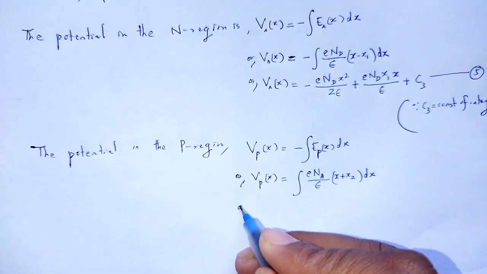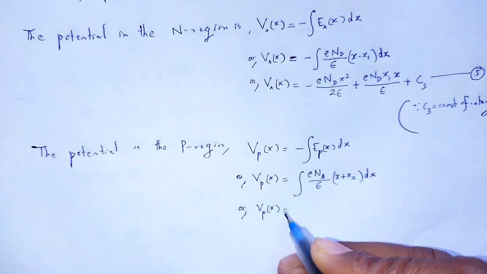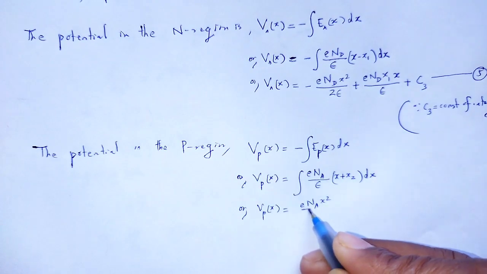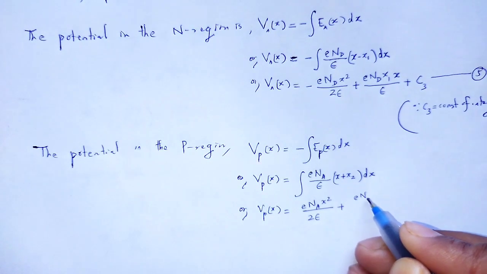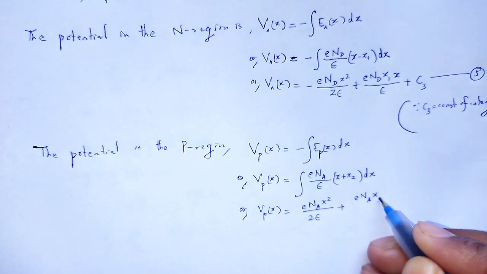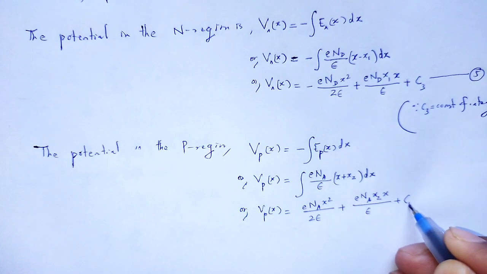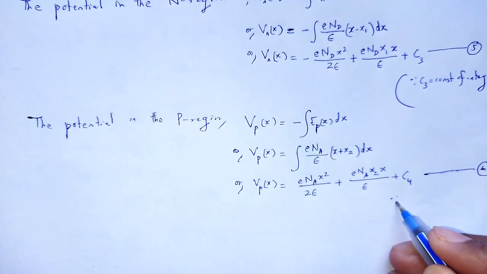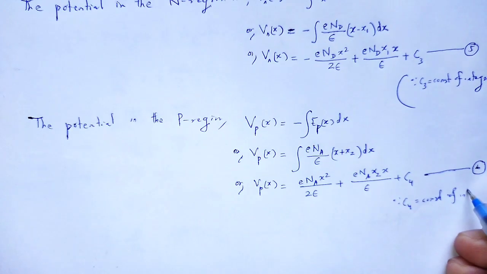Now, evaluating that integral, V p of x is equal to q N a x square divided by 2 epsilon plus q N a x2 x divided by epsilon plus C4, as equation number 6, where C4 is the constant of integration.